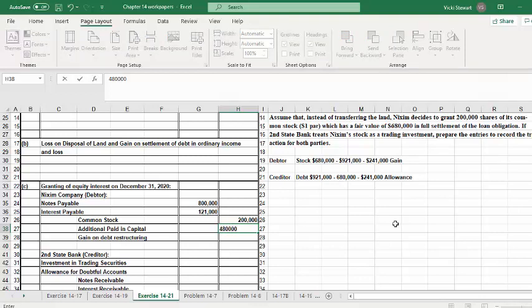So that would be $480,000. The gain on the debt restructuring would be credited for $241,000.